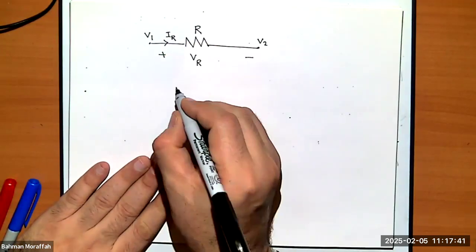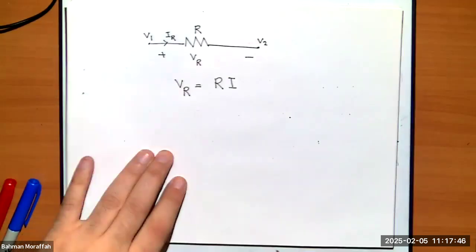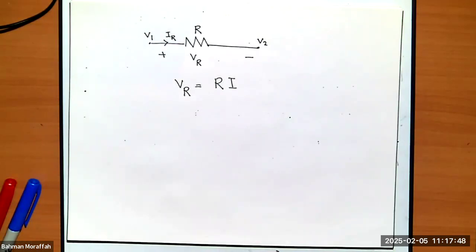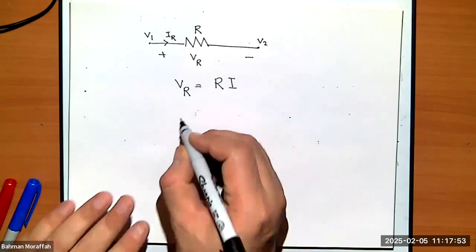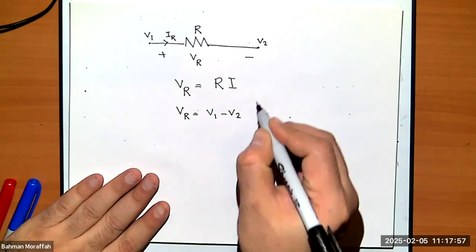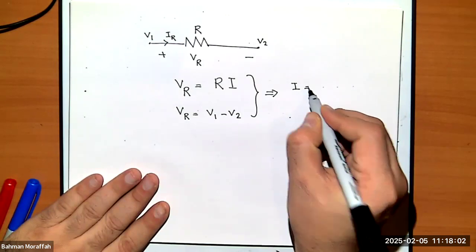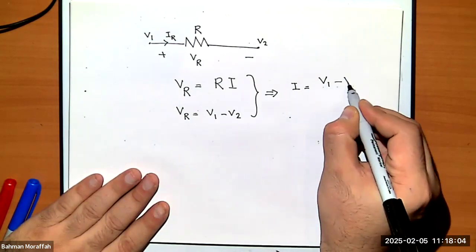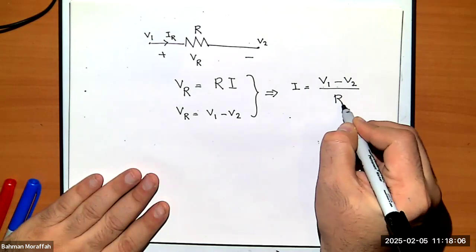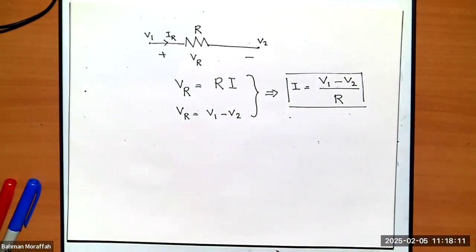We know Ohm's law holds, so VR is R times I. But given this configuration, VR is nothing but V1 minus V2. If we combine these two, we can compute I in terms of node voltages, which is V1 minus V2 divided by R. And this was the base of writing the KCL for every single node.